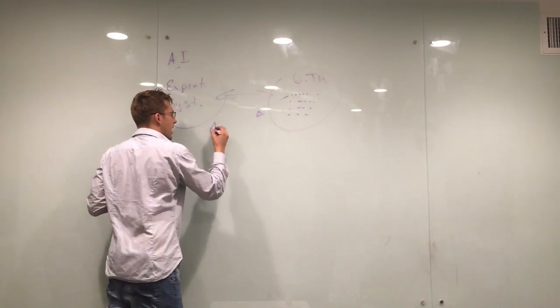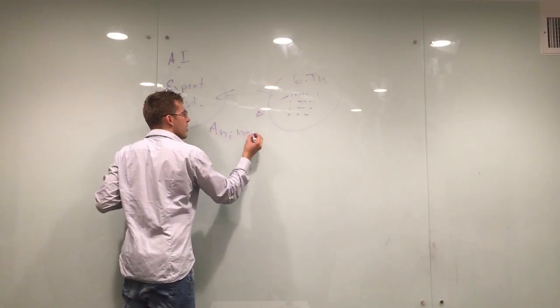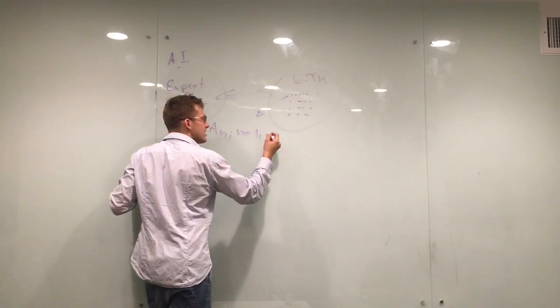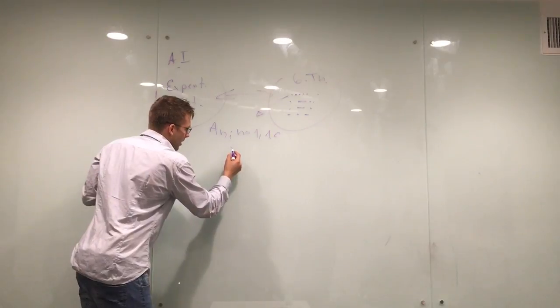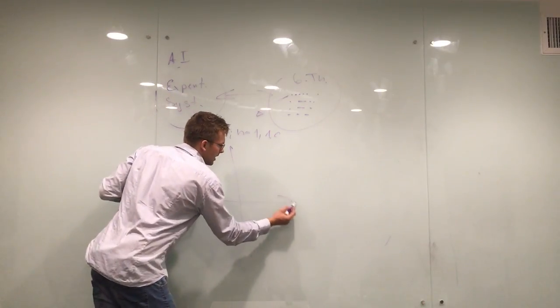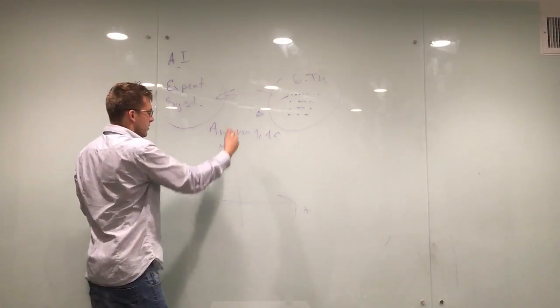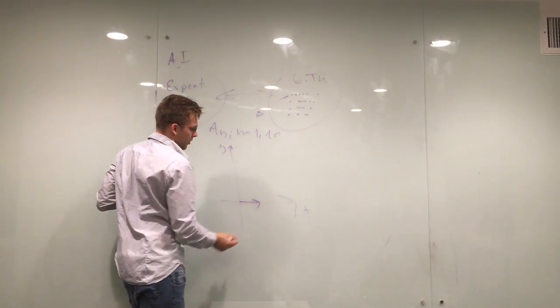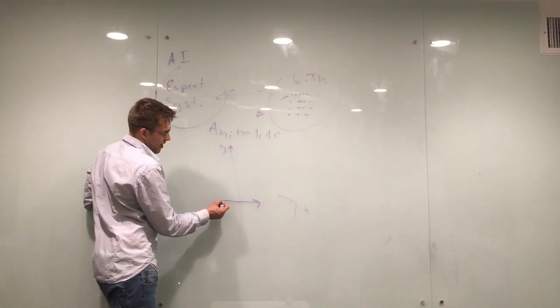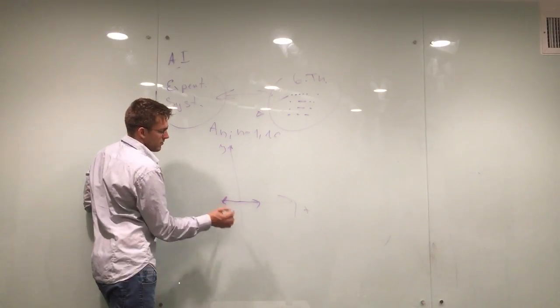So for example, for the A_n series, n going from 1 to 10. Let's say these are my axes. We just draw the first root system, which is one root, and then the Weyl group is S2, so we just invert it.